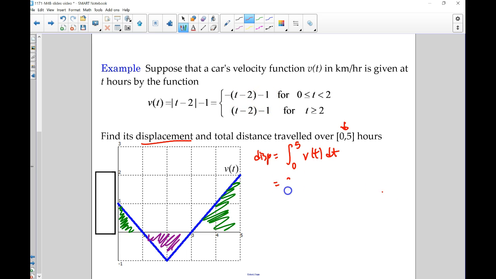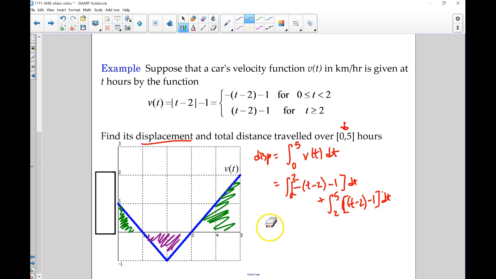So this is going to be the integral from 0 to 2 of the negative bracket t - 2 minus 1 bracket dt, plus the integral from 2 to 5 of the bracket t - 2 minus 1 dt.